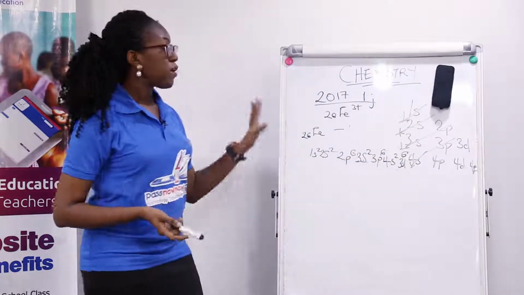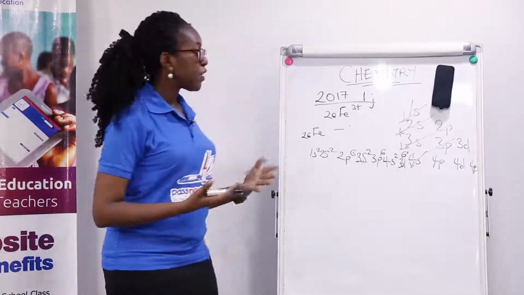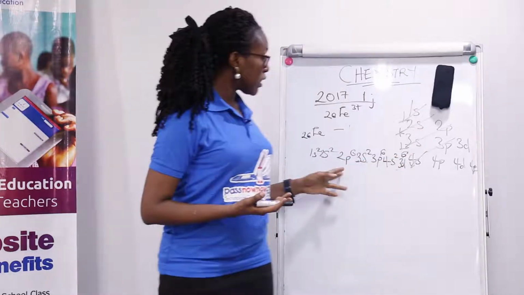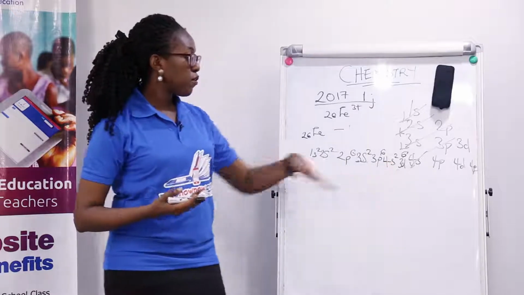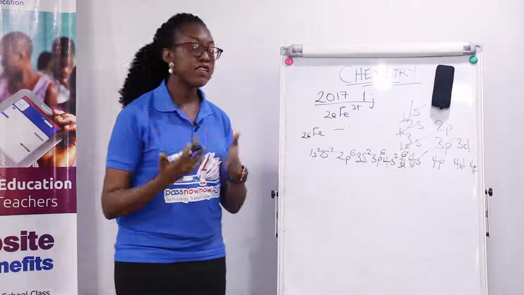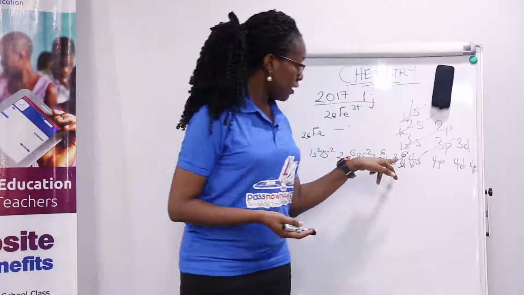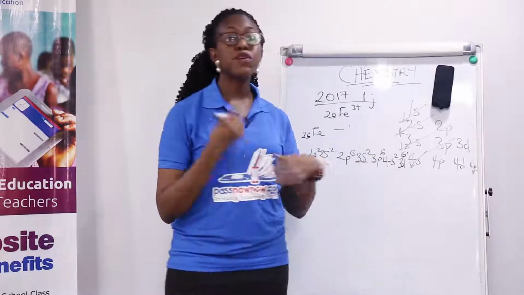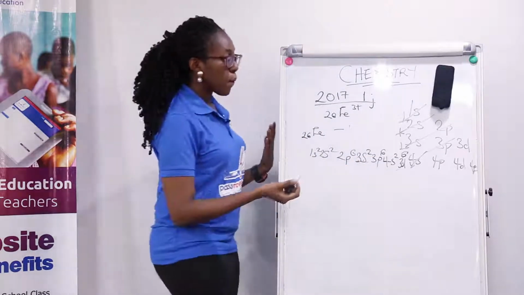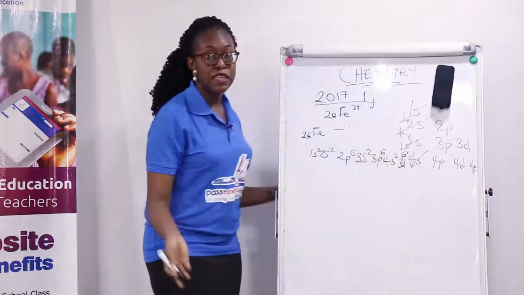But usually when writing the electron configuration of iron, we write 3d6 first, but this can also apply. The reason why sometimes 3d6 is written first is because the electrons in 4s will easily be lost, since it's just 2 electrons filling the s block.